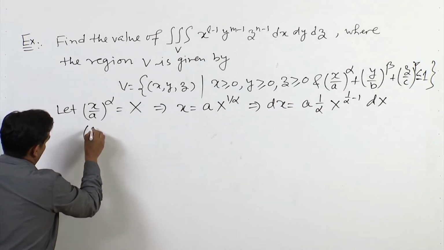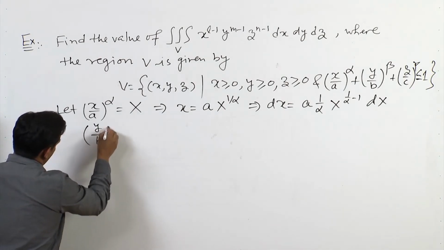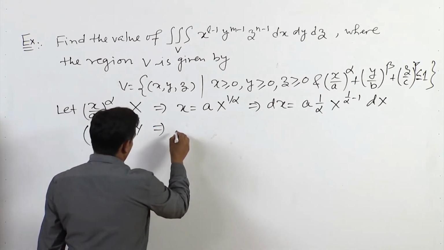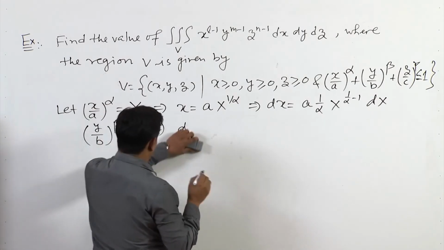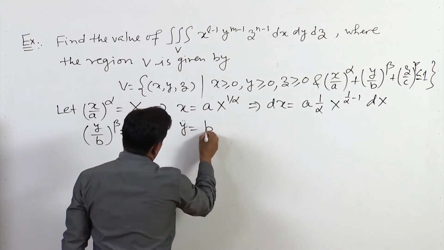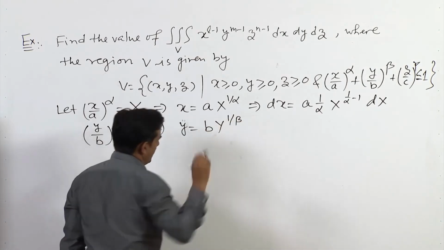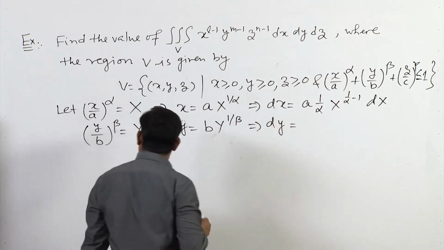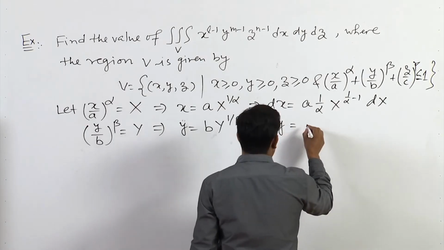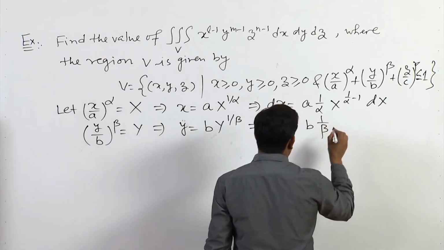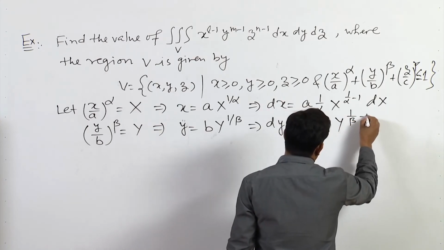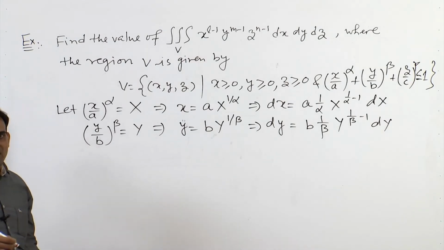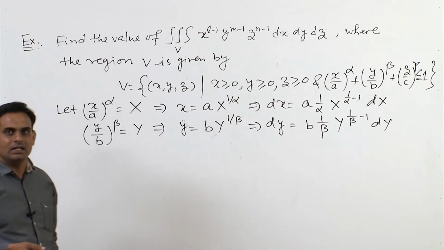Similarly, I will assume that (y upon b) raised to power beta equals capital Y. So, from here I will get y equals b times capital Y raised to power 1 upon beta, and then dy equals b into 1 upon beta capital Y raised to power 1 upon beta minus 1 dY. So, please note that on the left hand side I am having small x y, on the right hand side I am having capital X Y.